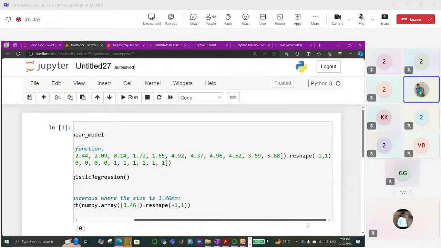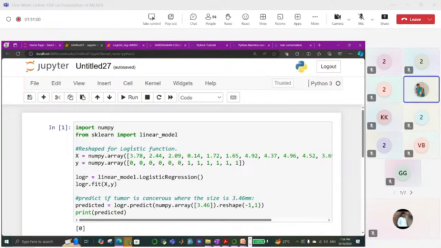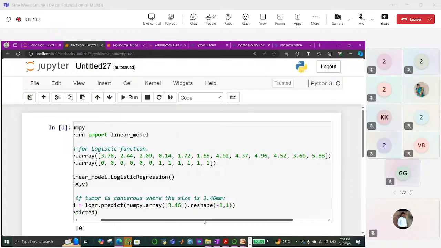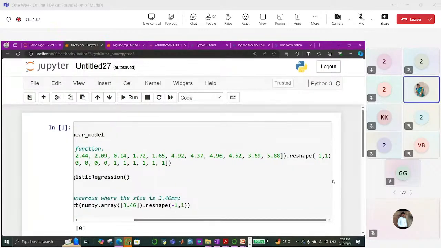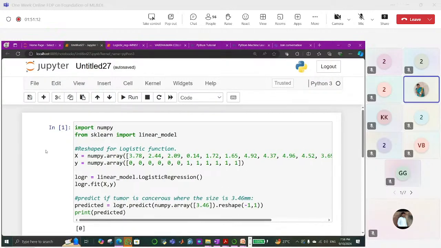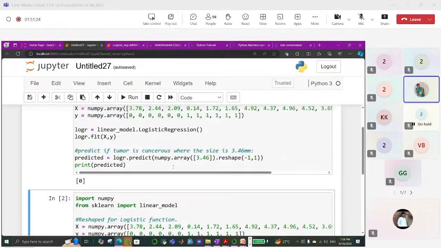These are the samples we are considering, 3.78, 2.44 like that, and the reshape (-1, 1), so we can adjust the number of rows in one column. And numpy.array, so the labels are 0 or 1. If the patient has cancer it is 1, and no cancer is 0. This is the value we can predict.